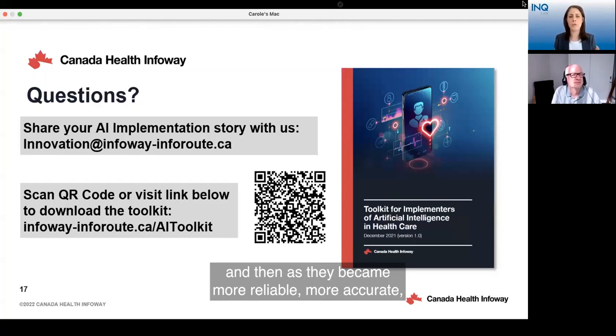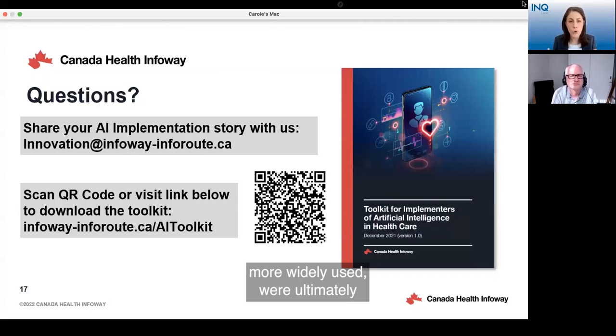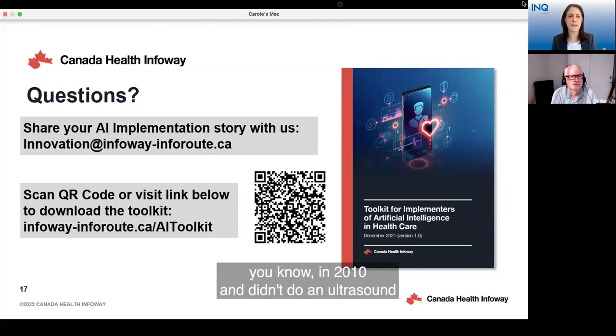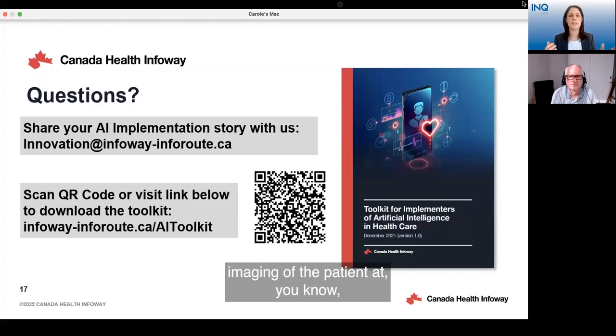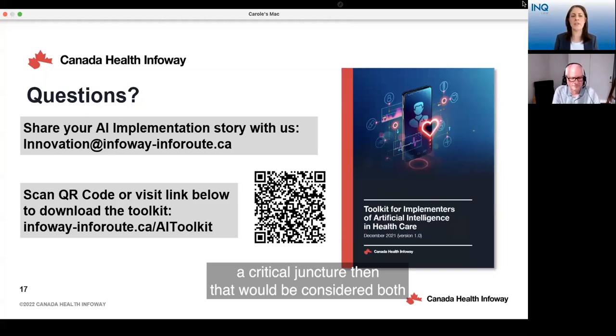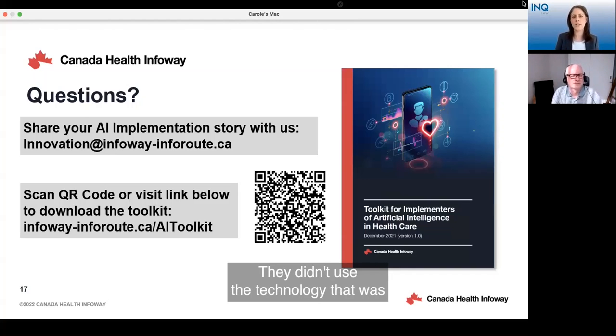As they became more reliable, more accurate, more accepted, and ultimately more widely used, they were embedded into the professional liability analysis for a medical malpractice lawsuit. If a physician in 2010 was trying to diagnose, say, an appendix, and didn't do an ultrasound imaging of the patient at a critical juncture, that would be considered falling below the standard of care. They didn't use the technology that was available to them to have a more accurate diagnosis.